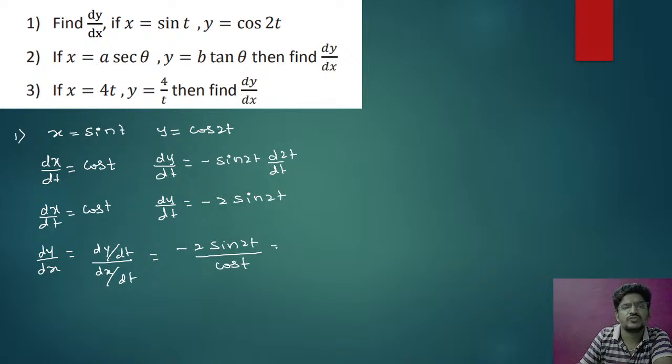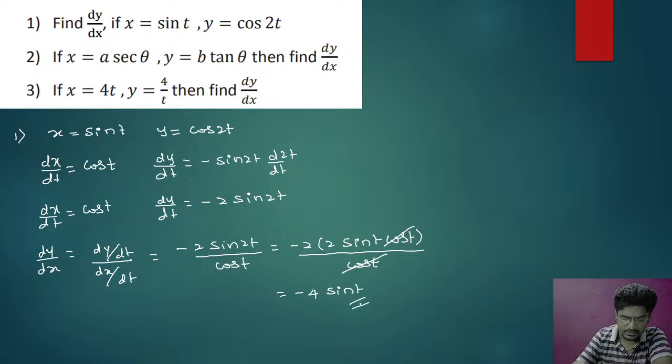Therefore this will be equal to minus 2 sin 2t, which is 2 times sin t cos t, divided by cos t. Cancel cos t and cos t. So it will be minus 4 sin t. So this is your answer. Minus 4 sin t will be your answer.